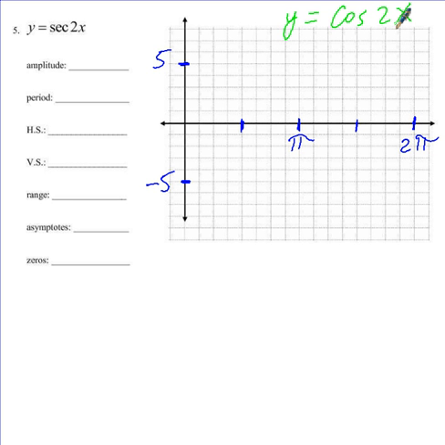If you graph that first, then you can graph secant after that. So cosine of 2x, on this one, keep in mind what the period is. Will equal pi. So we'll have one complete cosine cycle in pi.